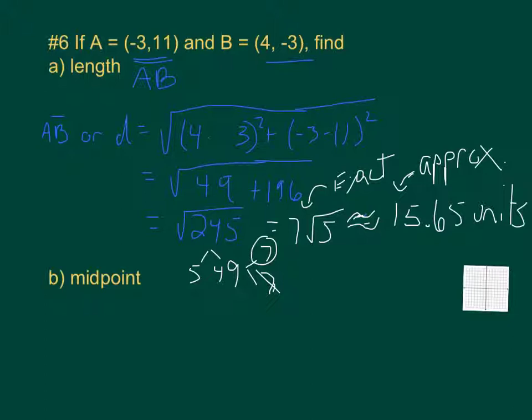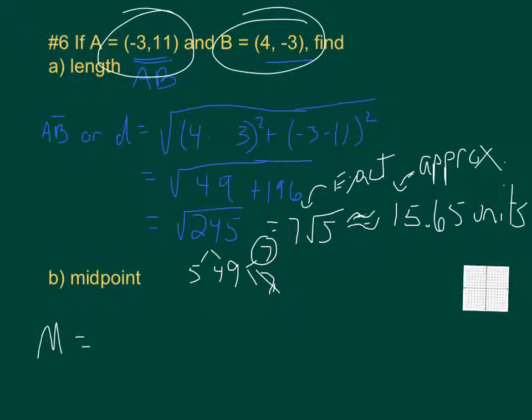And then finally, let's find the midpoint between this point and this point. Midpoint, M, capital M, whatever you want to call it. What you do is, to find the middle of two things, you add them. So take your x's, -3 plus 4, cut them in half. And then take your y's, 11 plus -3, cut them in half.